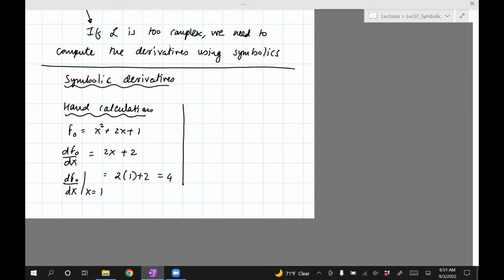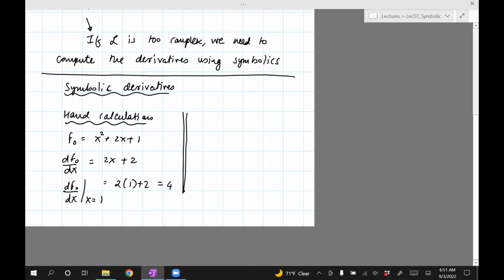Okay. Now, how would this be done in Python? Okay, it would be something like this. First, we need to import a symbolic toolbox. It's called sympy as, let's say sy, and then we say that x needs to be this symbolic value.